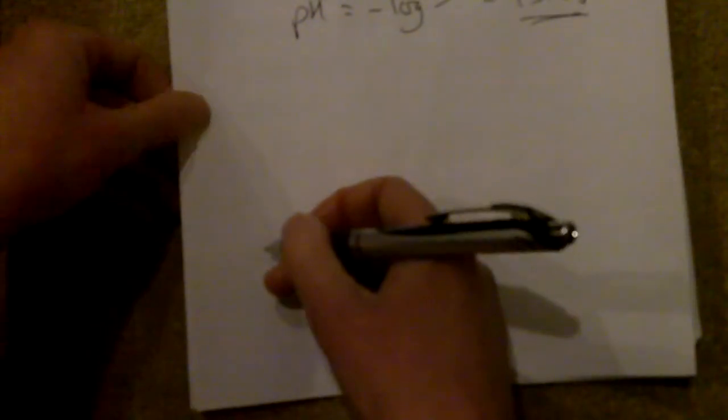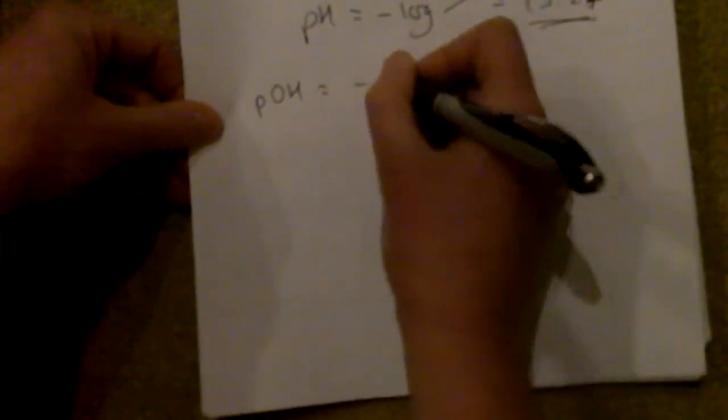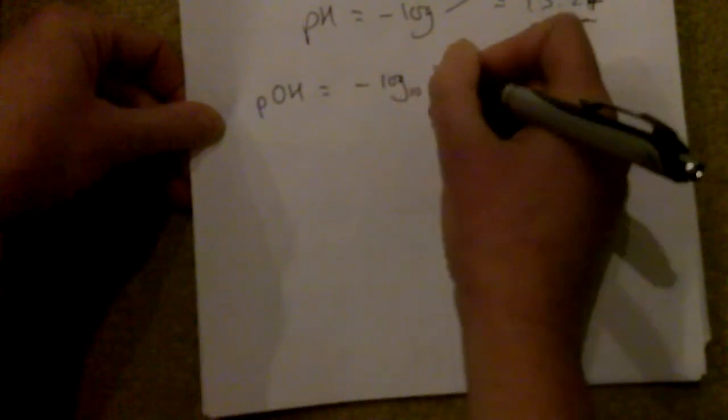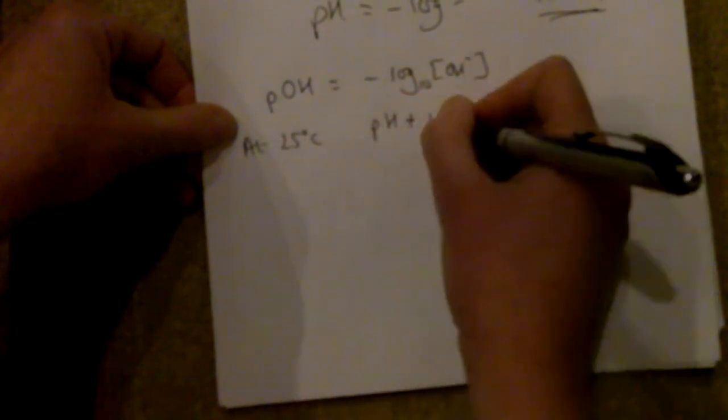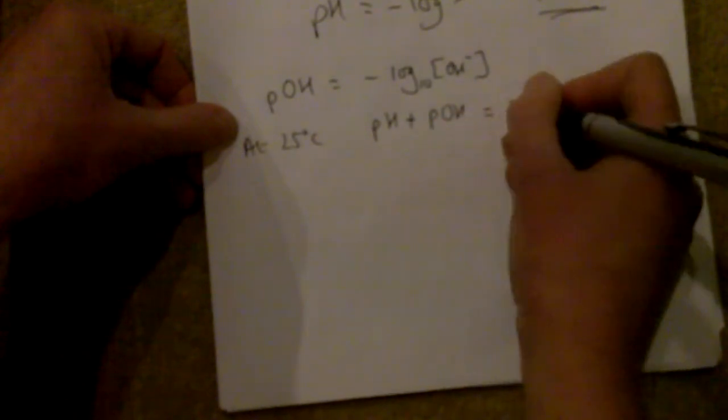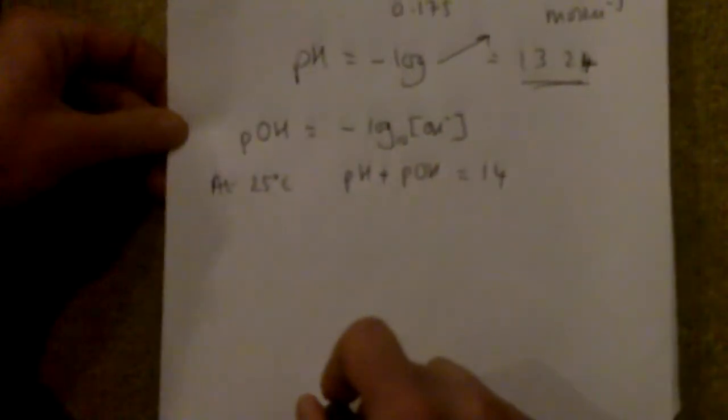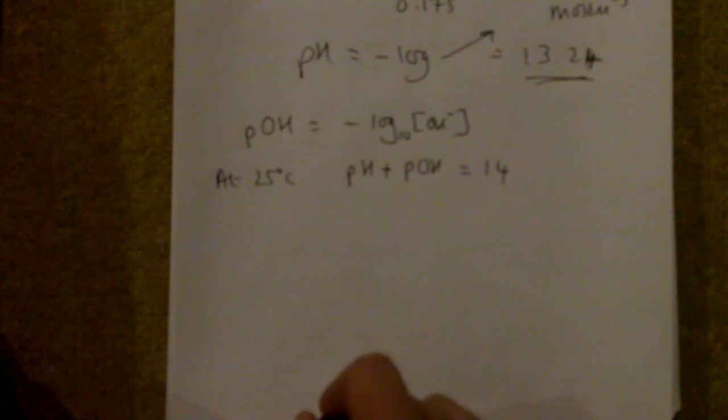P just means minus log 10. So pOH is minus log base 10 of the concentration of the hydroxide ions. At 25 degrees, 298K, pH plus pOH equals 14. So if it's all done at 25 degrees, then you can use this shortcut.